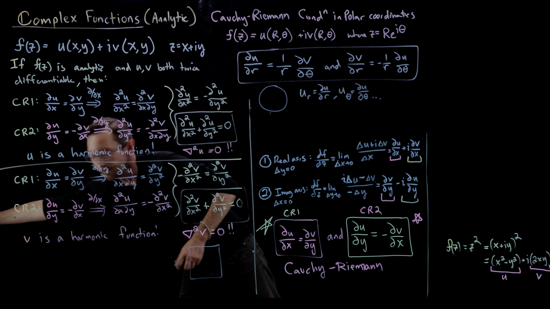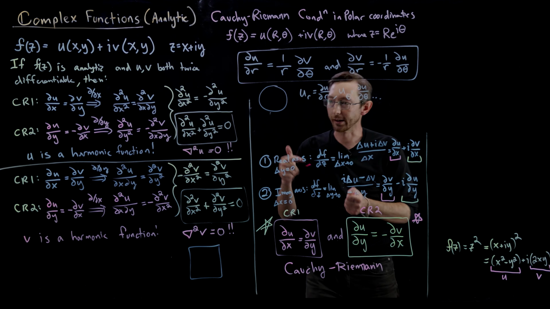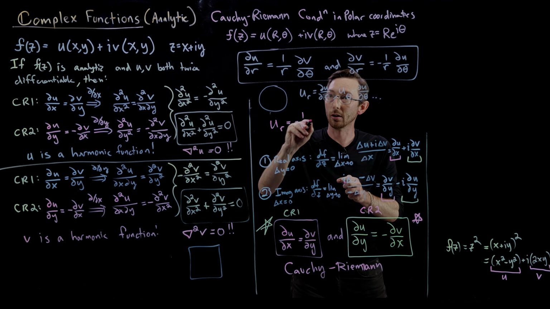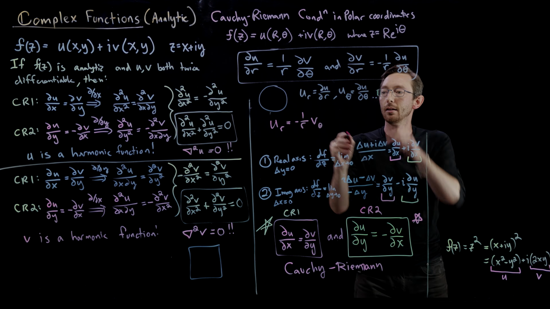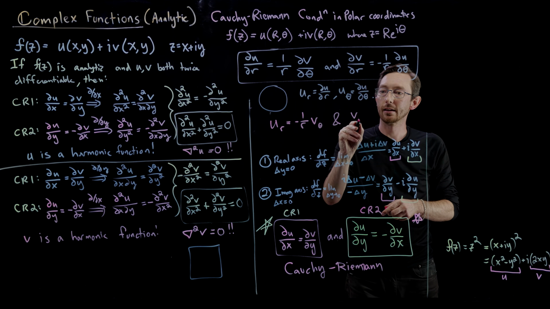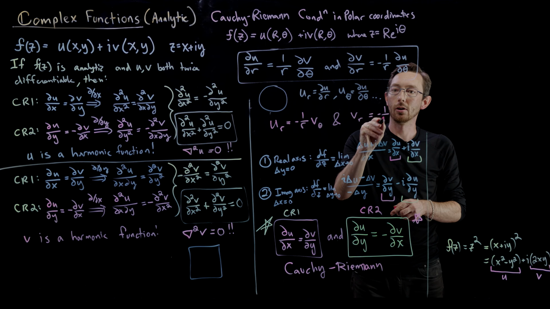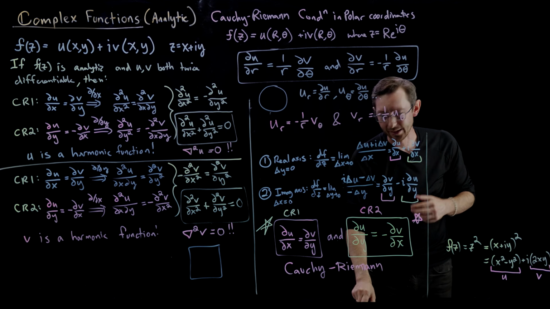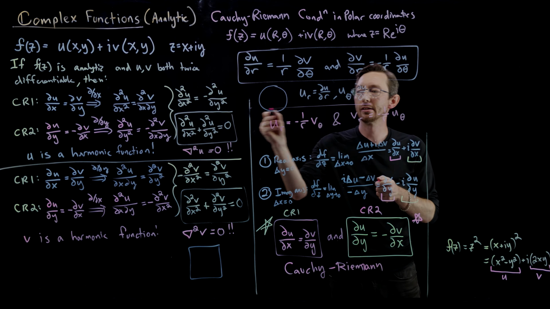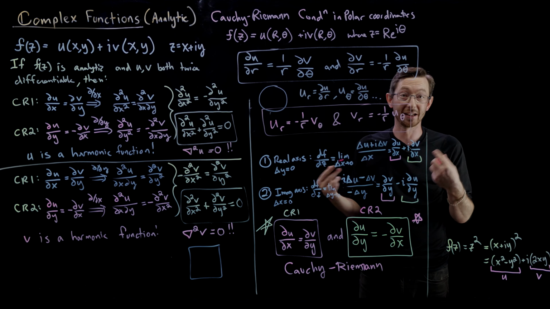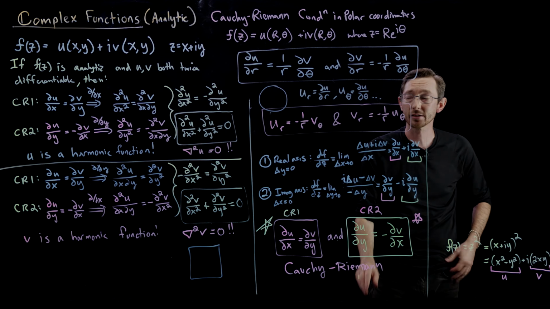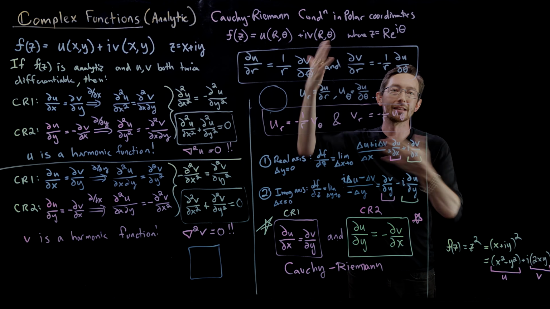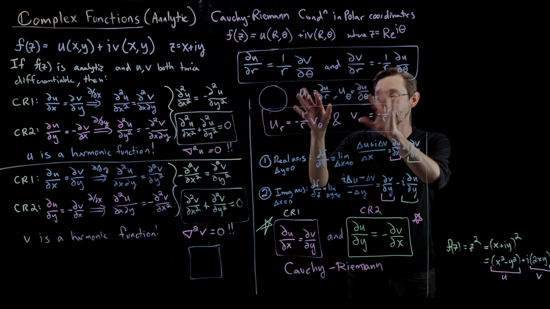It becomes, let's write it out, u sub r equals 1 over r v sub theta, and v sub r equals minus 1 over r u sub theta. And I'm only writing it these two ways because you're going to see mathematicians use whatever shorthand they particularly like, or physicists or engineers. And sometimes people use subscripts for partial derivatives. So I just want you to see these are the exact same thing, just written with different notation.